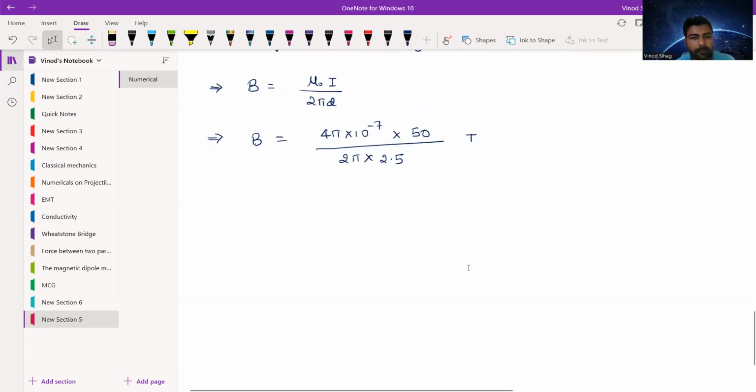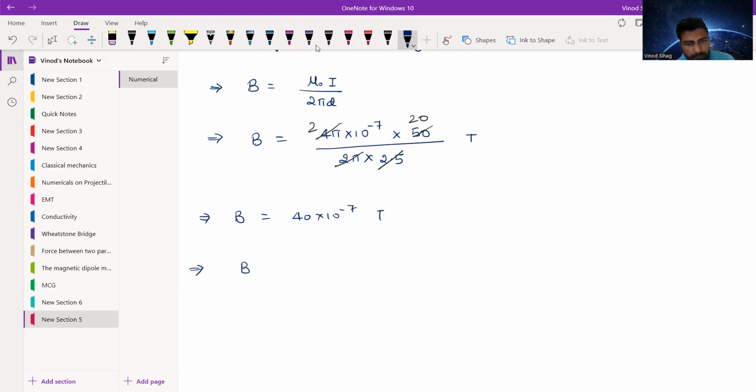Now solve it. Here we can cancel something: the 2 pi and 4 pi cancel by 2, and this 2.5 will cancel 50 by 20. So we will get 2 into 20, that is 40 into 10 to the power minus 7 Tesla.